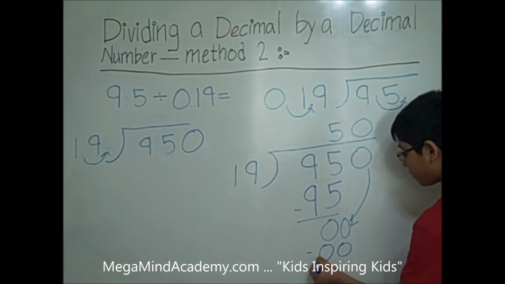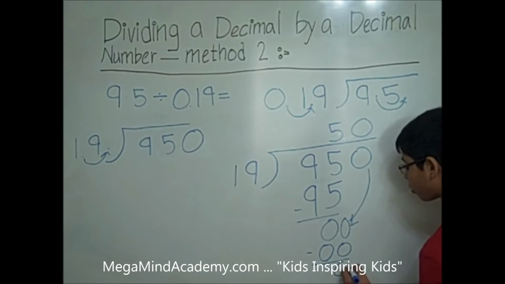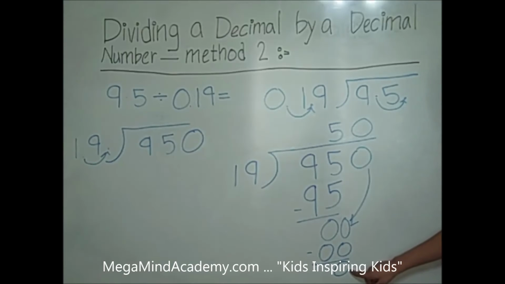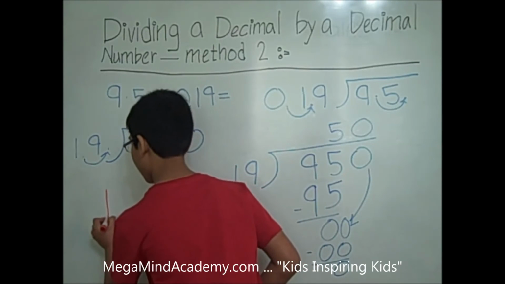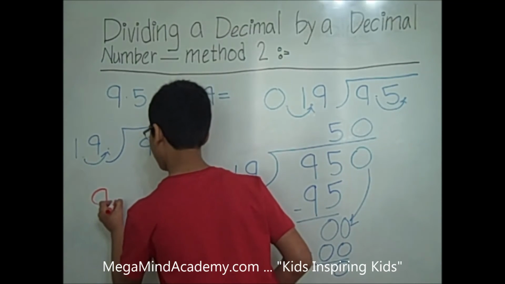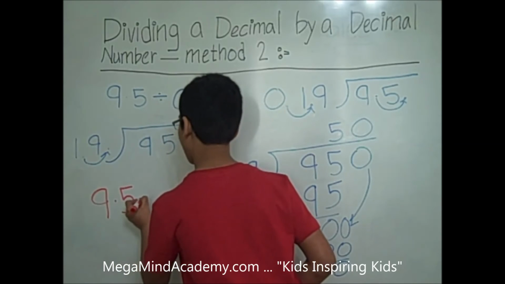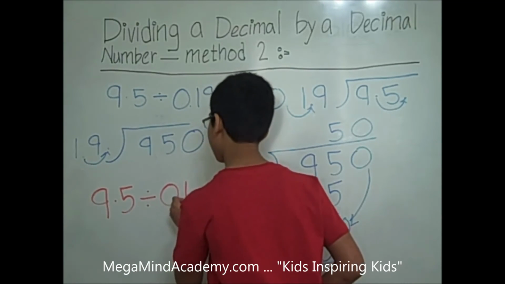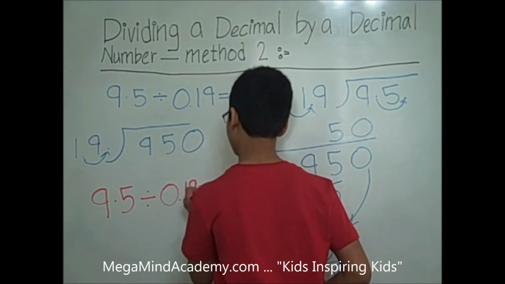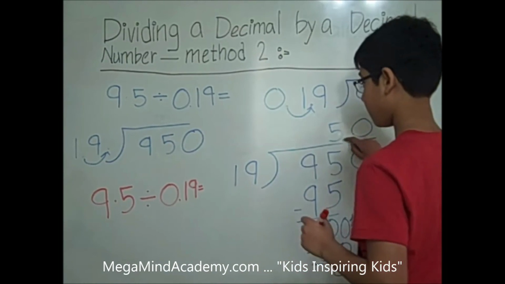So you subtract 0 from 0, and you get 0. But this 0 is the remainder. So, now we know that 9.5 divided by 0.19 is equal to 50.